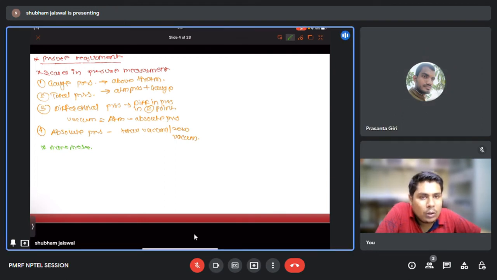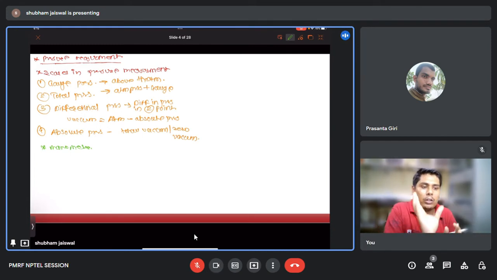Okay, so most of the methods are accurate. But if we consider the electric pressure transducer and elastic transducer, those are the most accurate methods. If we consider the manometer, we have the simple manometer and inclined manometer. Among them, the inclined manometer will have higher accuracy and sensitivity because of the inclination.